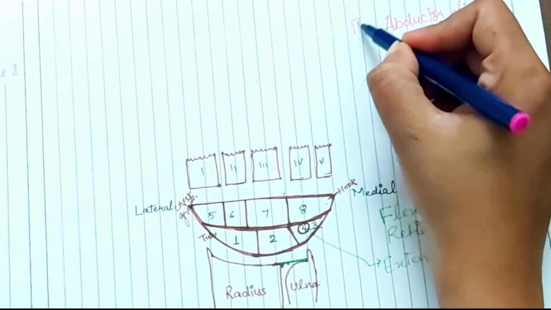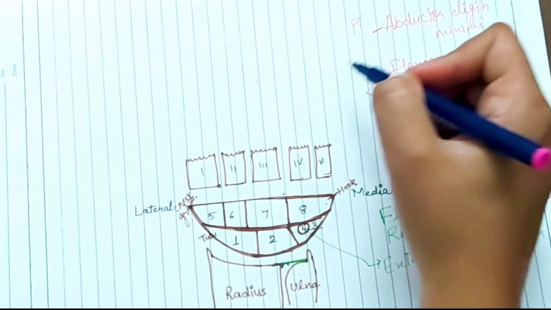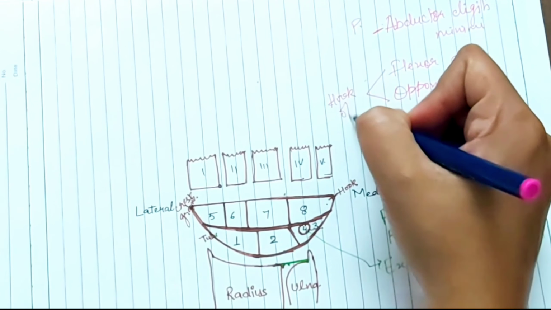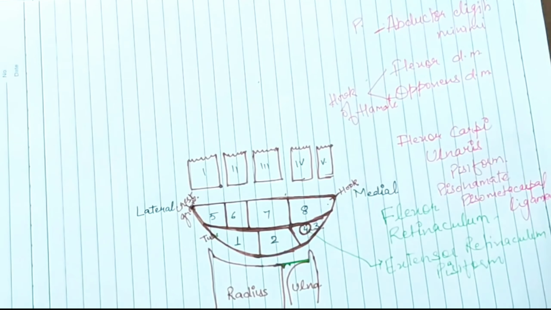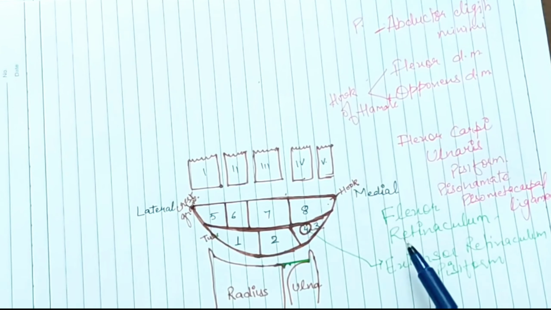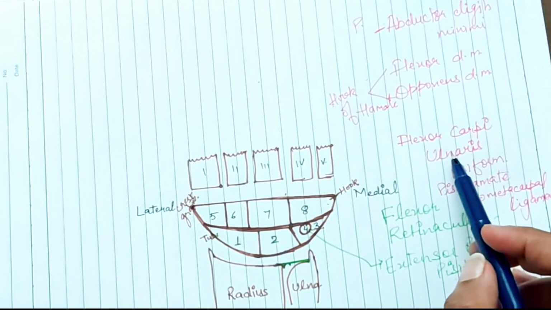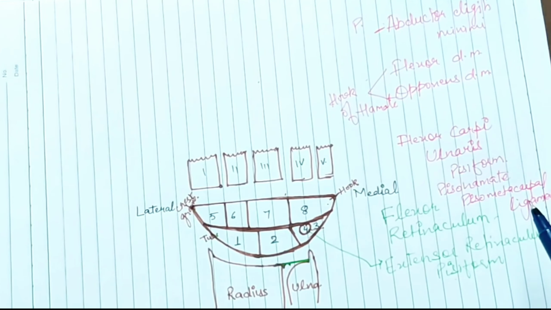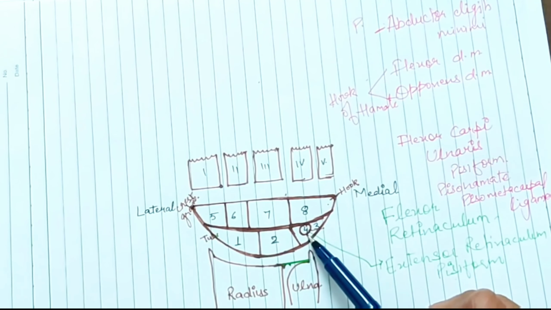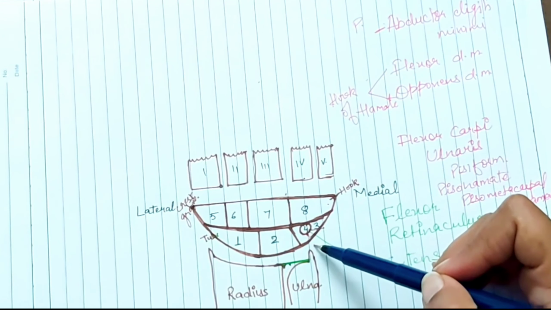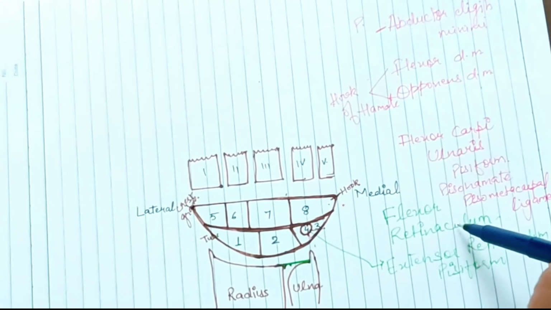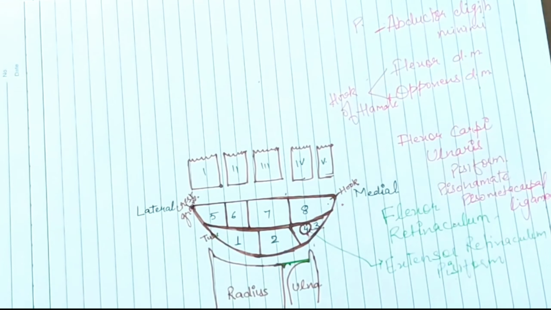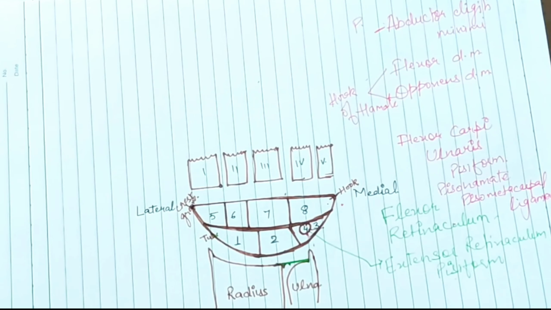This one is attached on the pisiform and these two are attached on the hook of hamate. So the medial two pillars give attachment to these structures. First, flexor retinaculum on both, extensor retinaculum on pisiform, then flexor carpi ulnaris, pisohamate ligament and pisometacarpal ligament on pisiform, then abductor digiti minimi on pisiform, and on the hook of hamate, flexor digiti minimi, opponens digiti minimi and the flexor retinaculum. So these are the structures attaching onto both medial pillars.